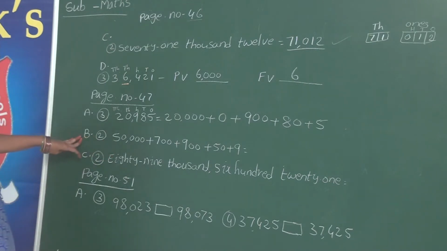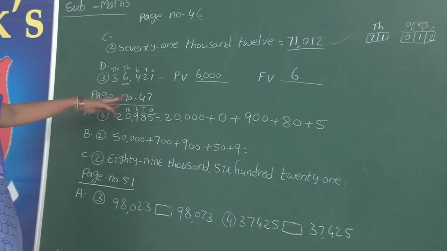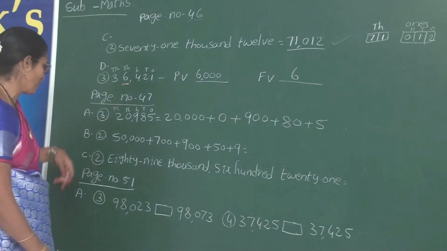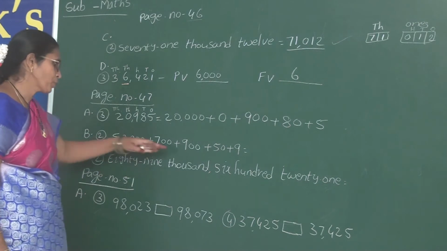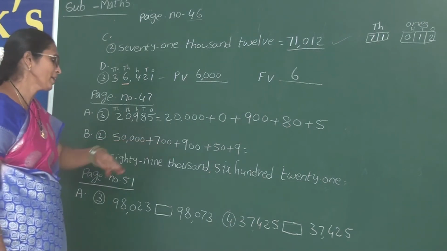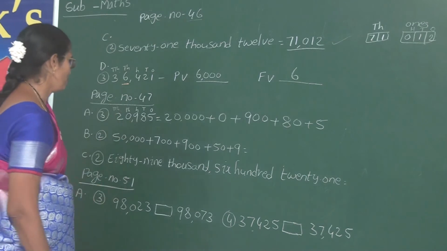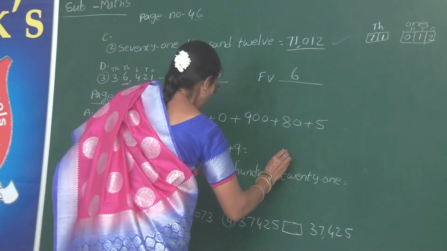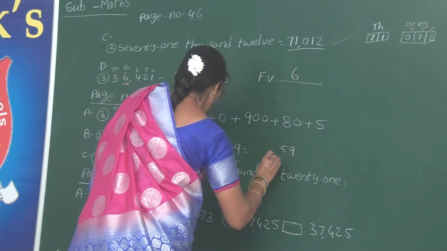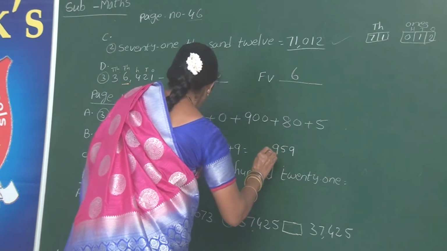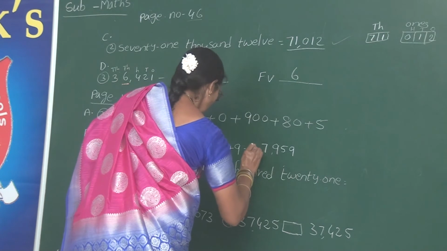Next Roman, B Roman, second Roman, in this page number 47 or 48 otherwise. So here they are given the expanded form, means you have to write it in a standard form. Okay now. So ones place digit is 9, 5, 9, 7.